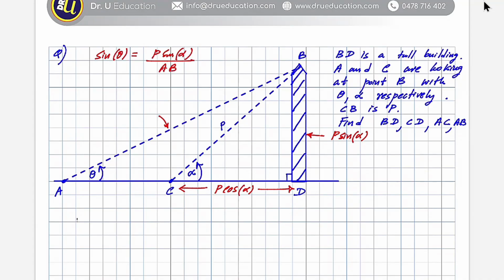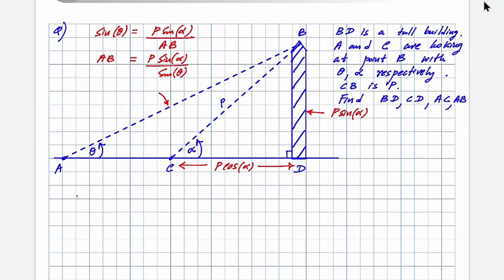Correct? So now from there, you are going to subject AB. That AB is going to be P sine alpha divided by sine theta. Got it? Right?